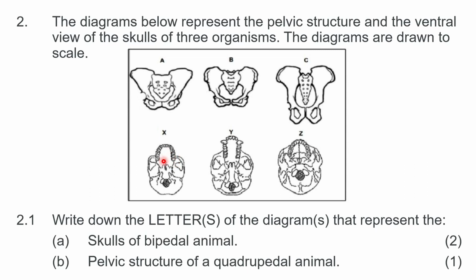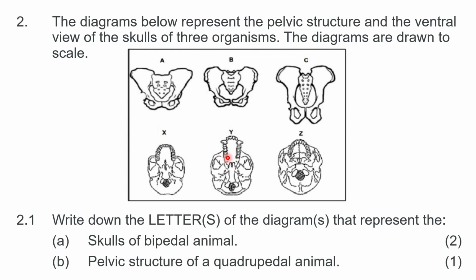So there's more development that took place, whereas in organism Y, we've got a more rectangular shape with large canines. So that tells me that this organism most probably still needs to kill its food, and it can't cook the same as in humans, where we can cook our food.